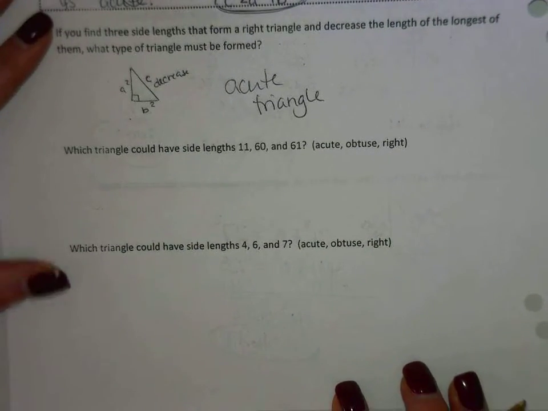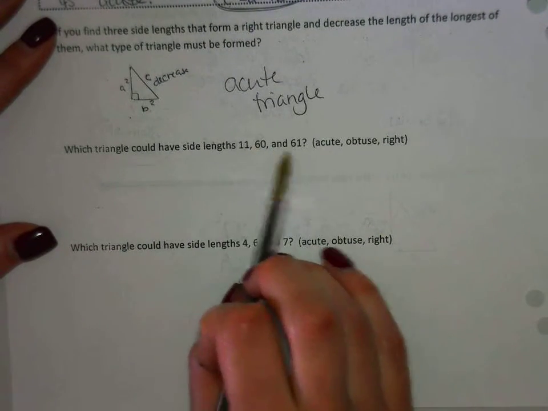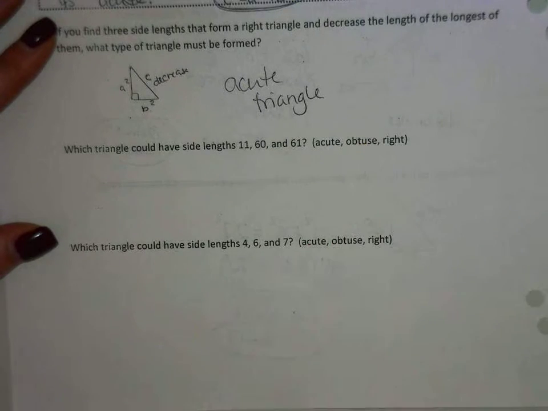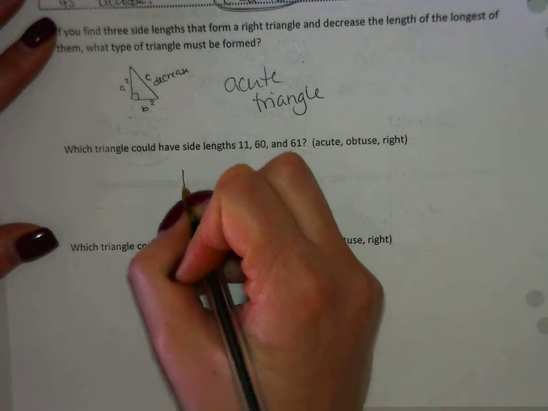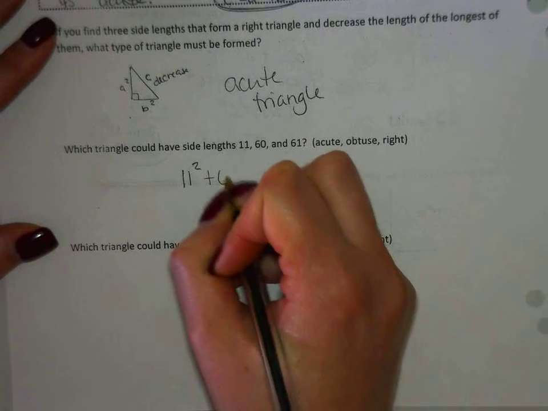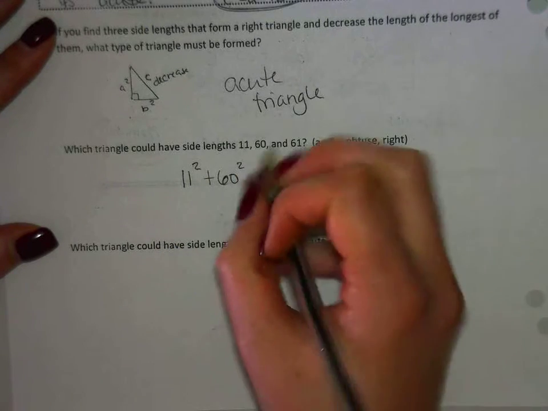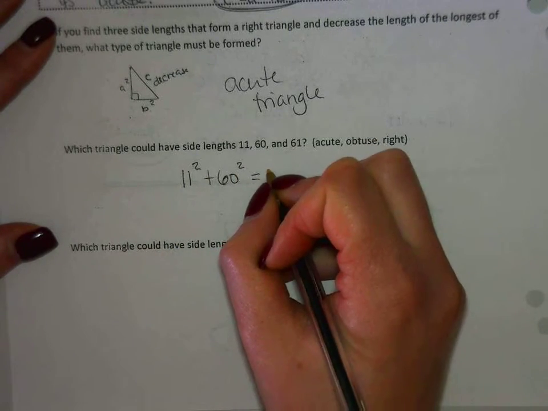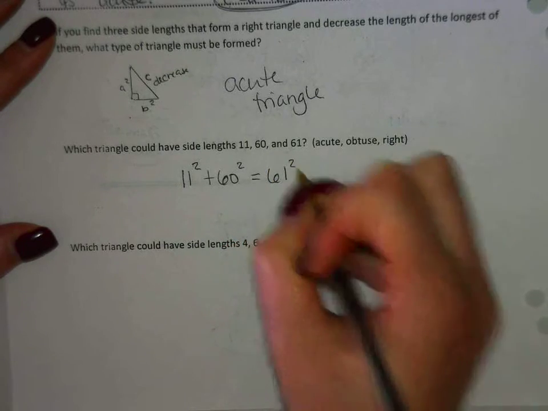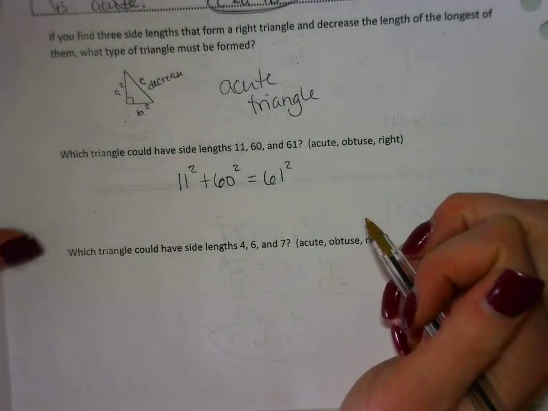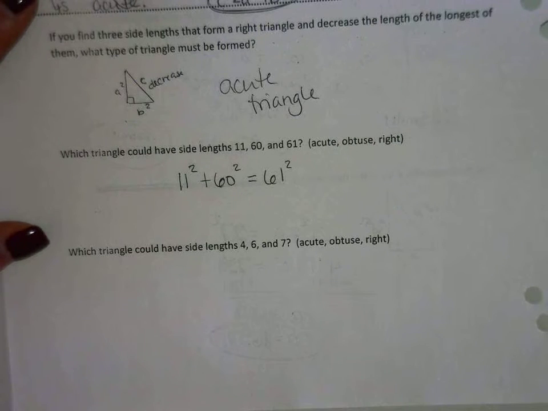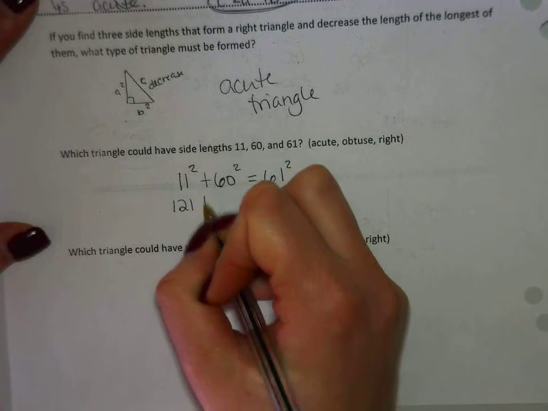We want to figure out which type of triangle could have side lengths 11, 60, and 61. Is it going to be acute, obtuse, or right? We're going to take the two smaller sides, 11 and 60, square them and add them together, and see if it's equal to 61 squared, or if it's greater than or less than. 11 squared is 121.